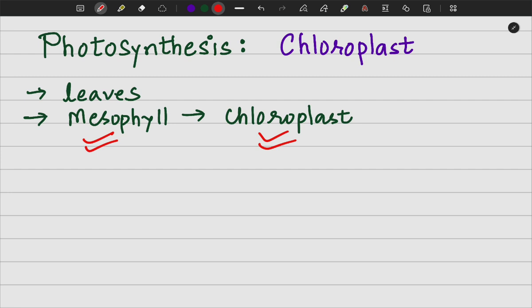Alright, now these chloroplasts are arranged in a special manner inside the mesophyll cells so that they can absorb the optimum amount of incident light. So if you remember, we studied the mesophyll cell. Suppose this is a mesophyll cell.